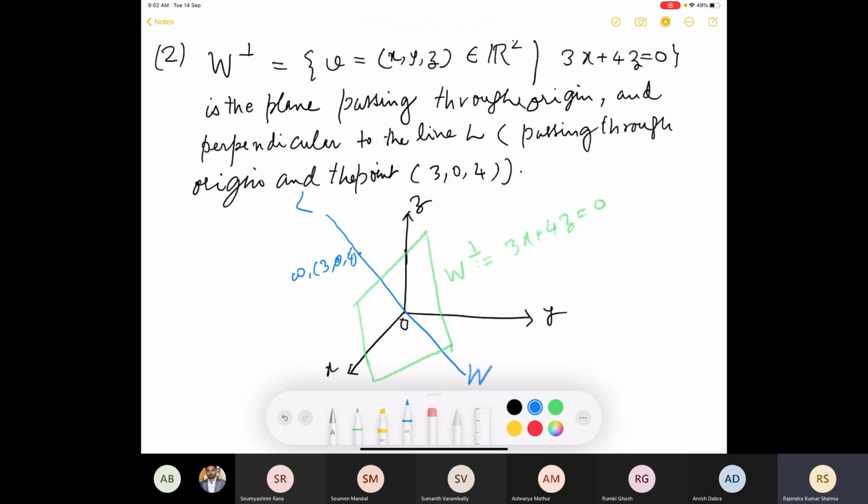The normal will always be perpendicular to the plane, and since this is the line, both of them will have the same direction ratios. So this is the orthogonal complement.